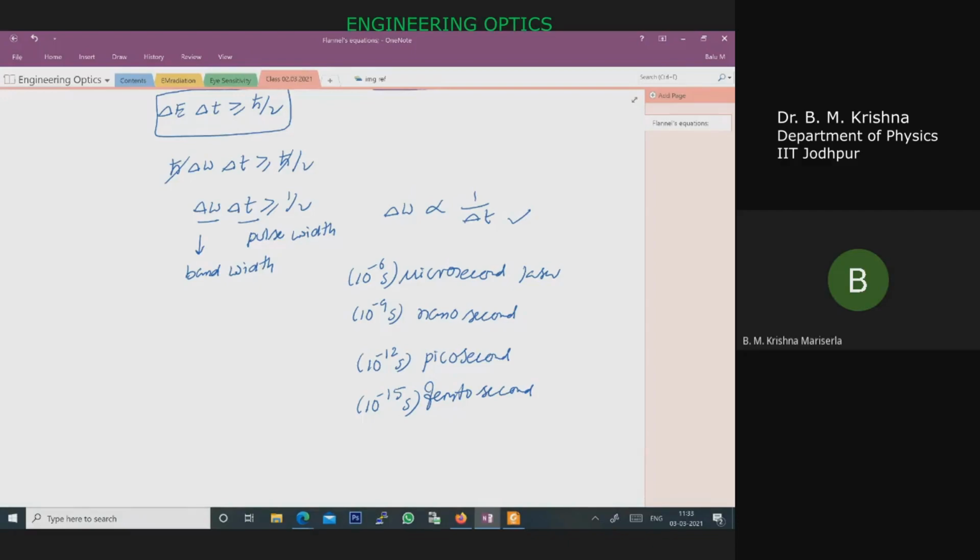Our eye can see events slower than milliseconds. If events happen in less than a millisecond, our eye cannot detect them. We cannot see that fast.